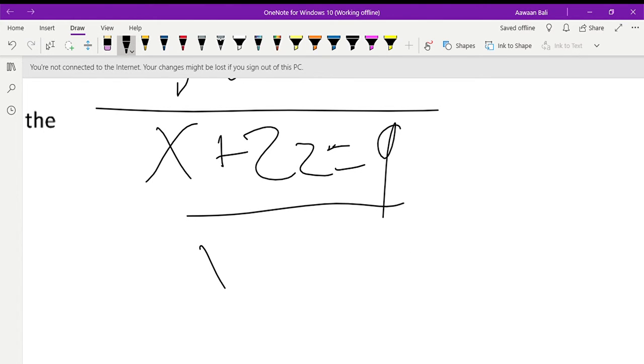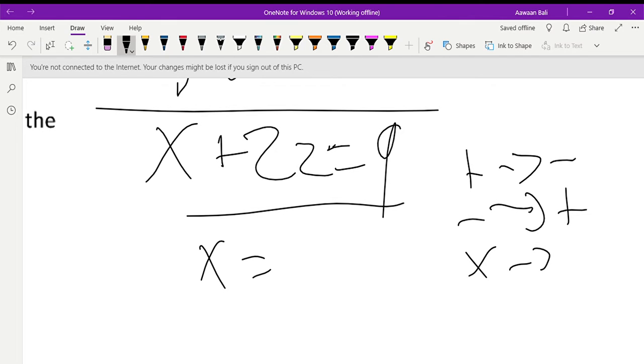So if we want to see what x is equal to, we take the 2z to the other side, and that means whenever you take a term to the other side, basically its sign inverses. So plus becomes minus, minus becomes plus, multiplication becomes division, and division becomes multiplication.